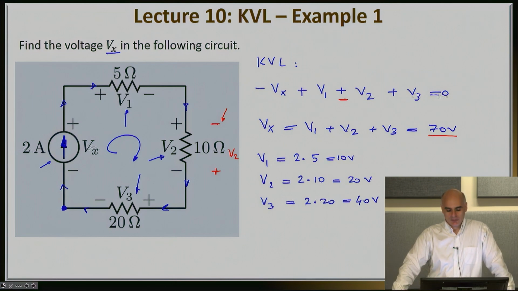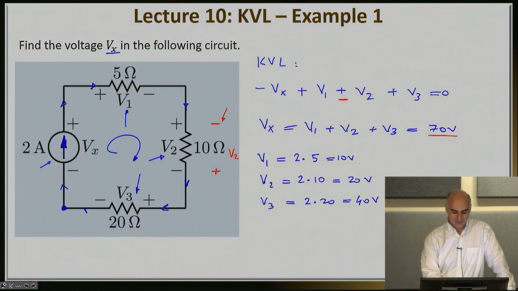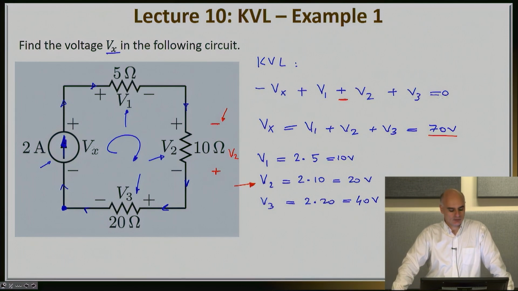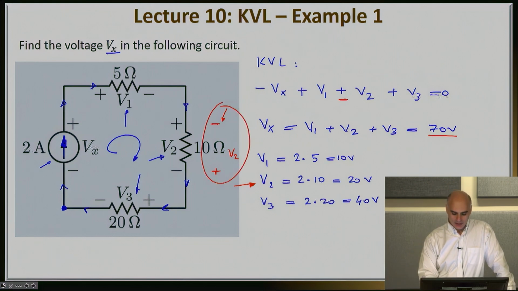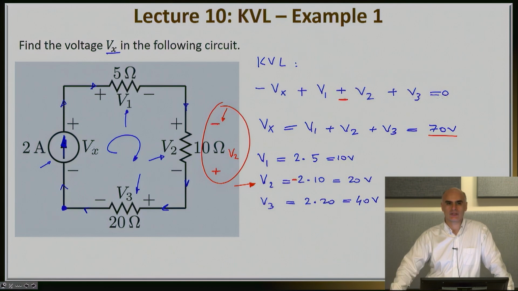But you may wonder, wait a second, wouldn't that have changed the value of V2? The answer is not at all, because by the time you get to apply Ohm's law, to find the voltage V2, you would have seen that now with your red polarity, you have to write V2 as negative 2 times 10.